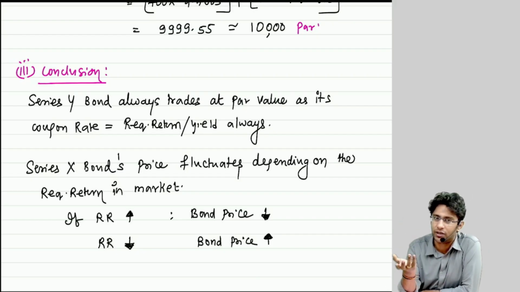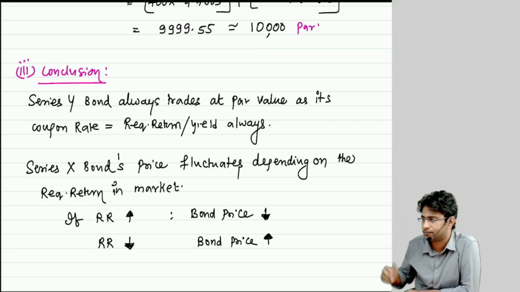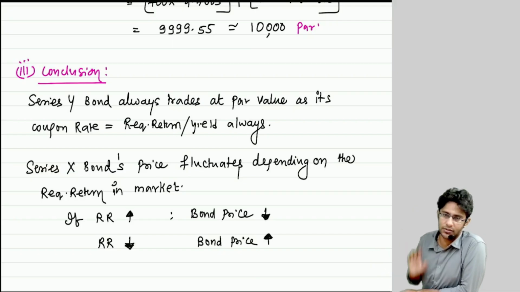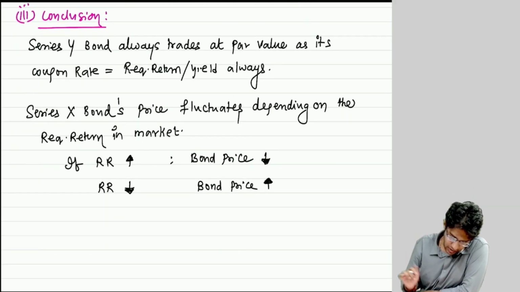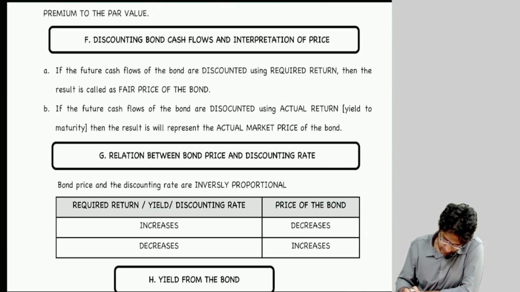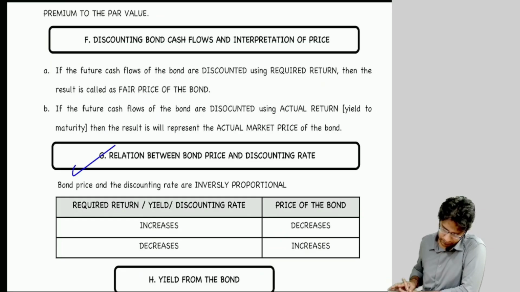Small logic: required return is the discounting rate. When you increase the discounting rate, present value will decrease. Any which way, mathematically, conceptually, somehow we remember this. So this is actually my next concept. Relation between bond price and discounting rate: bond price and discounting rate are inversely proportional.